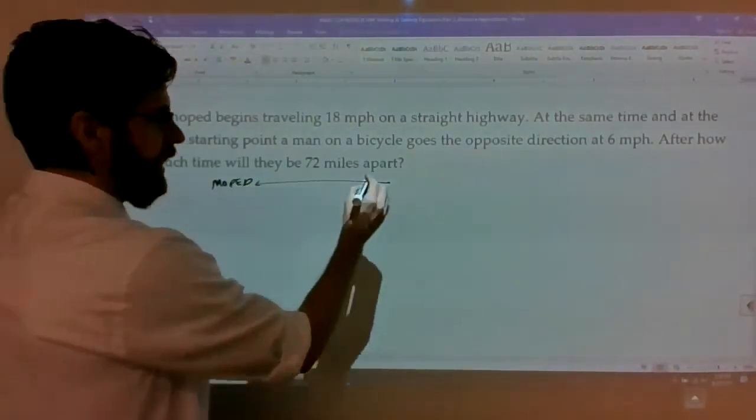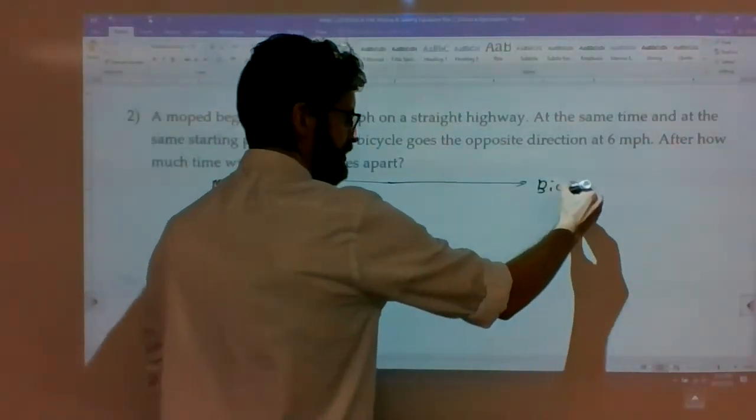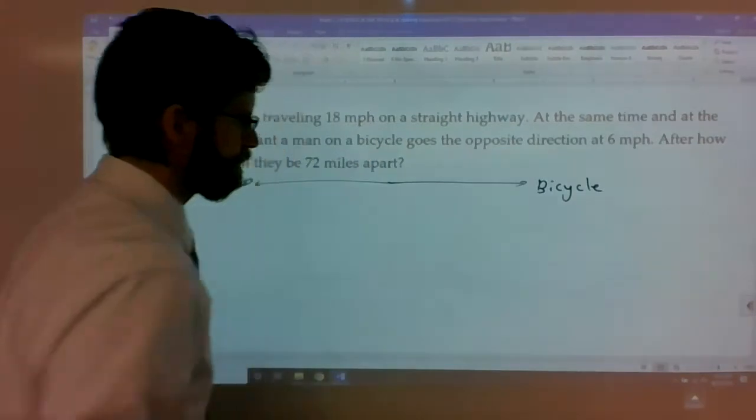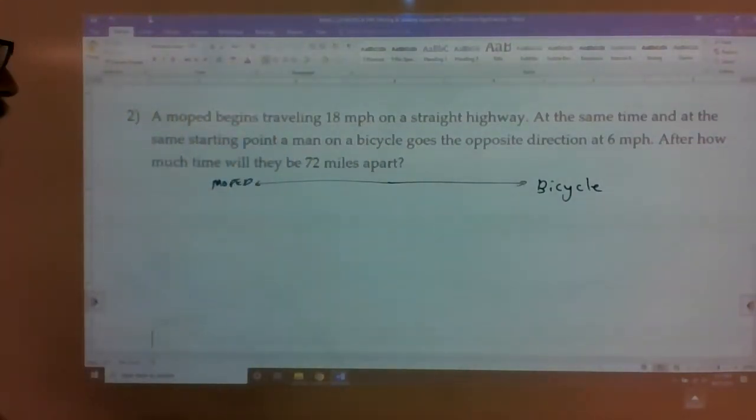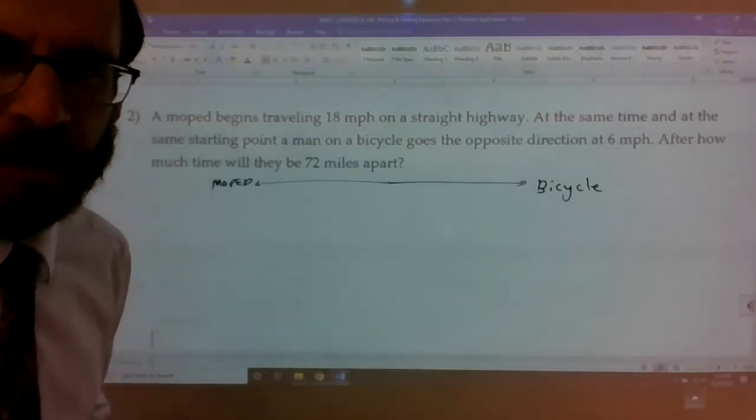A man is on a bicycle going this direction. And after how much time will they be 72 miles apart?